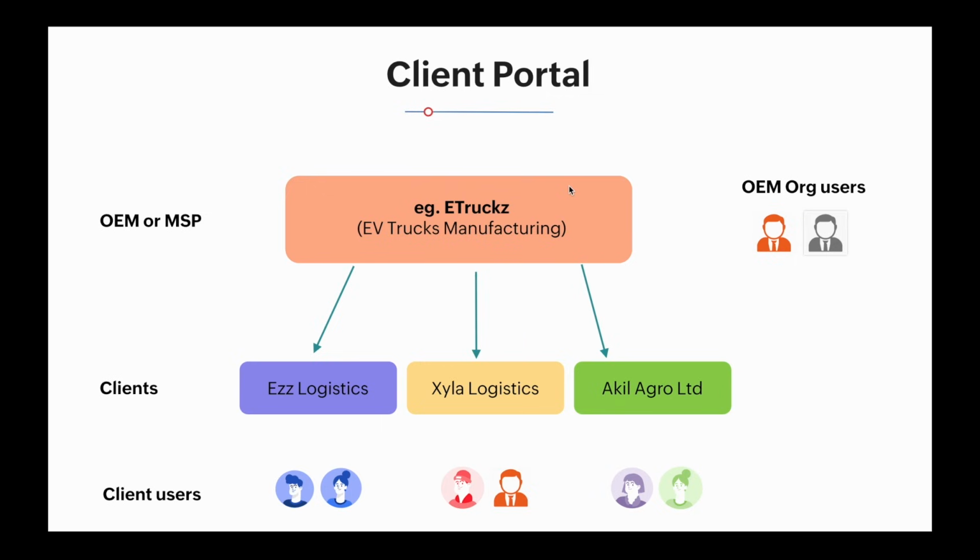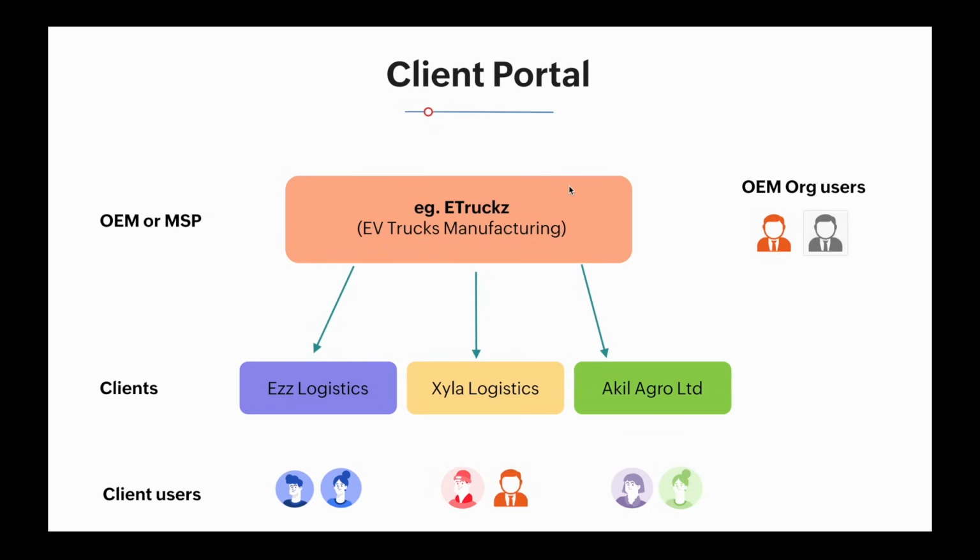So essentially, clients are also a kind of individual organization or a business or a facility group or even a single end consumer. These are the people who are served by the enterprise, like an OEM or a managed service provider.